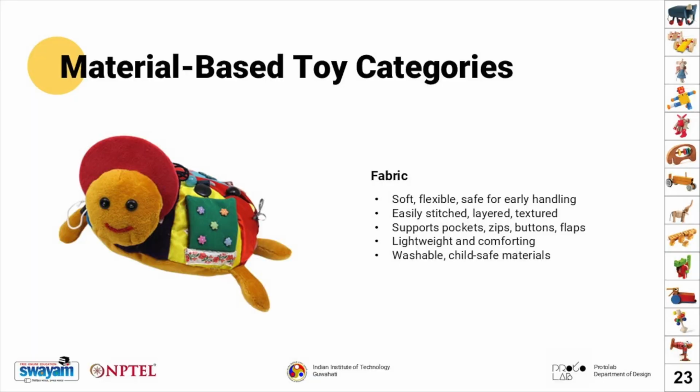Fabric. Soft toys, plush animals, cloth books, hand puppets fall into this category. Warm, comforting, and safe for young children. A fabric toy behaves like a companion, warm, soft, and safe.